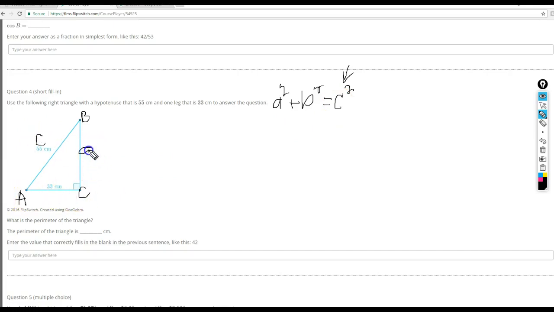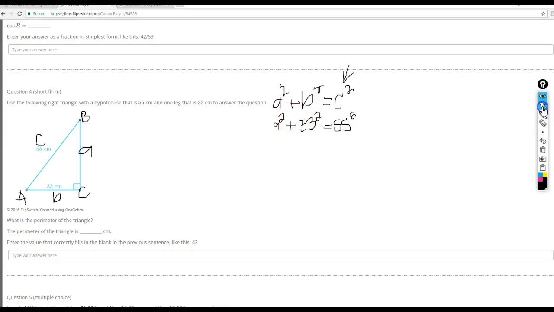So little a is here and little b is right here. So by substitution, I don't know what little a is. That's what we're trying to find. We know what little b is. It's 33 centimeters squared, which is going to equal, and little c, that distance is 55 centimeters squared.